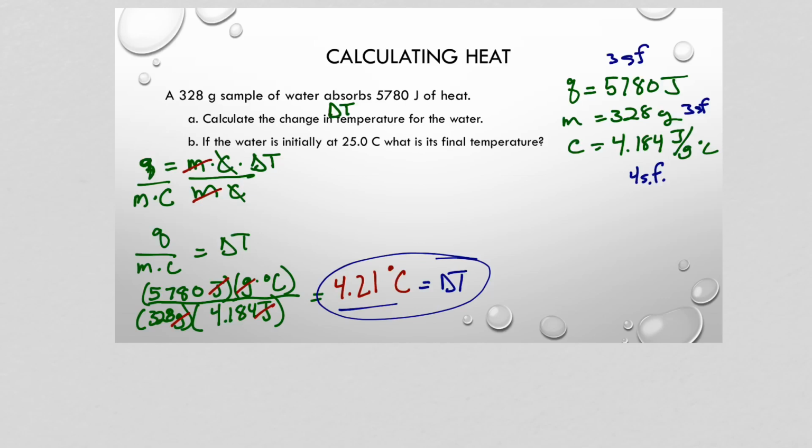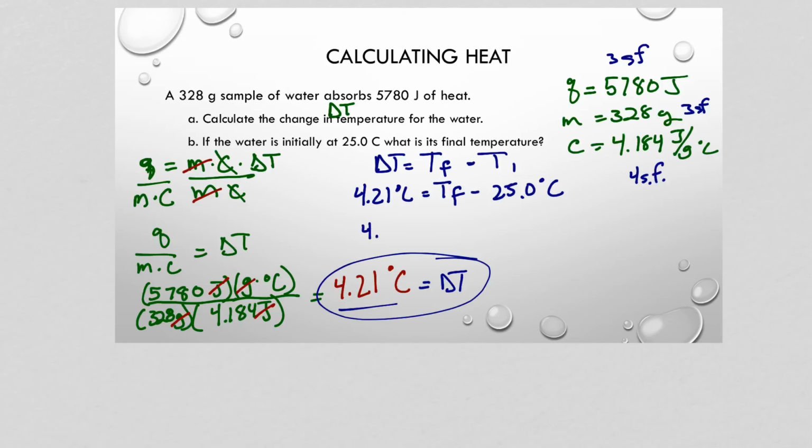Now what about if the water was initially at 25, what is the final temperature? Well, remember, delta T equals temperature final minus temperature initial. So if 4.21 degrees Celsius is the change, and the final is what we don't know, and our initial is 25.0 degrees Celsius, so if I want to get temperature final by itself, I'm going to add 25 to both sides.